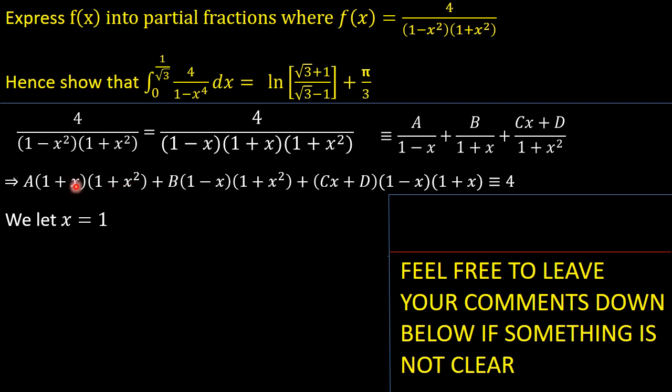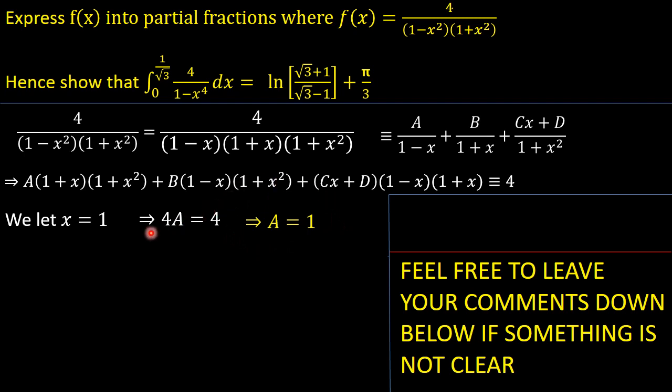Then there's another 1 plus 1 here, which gives 2. 2 times 2 gives you 4. So we are simply going to have 4a equal to 4. That implies we divide all through by 4, and we are going to have a equal to 1. Good. So this is the first value, a, that we have.